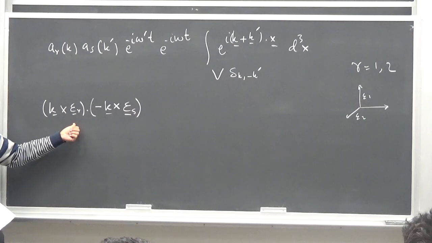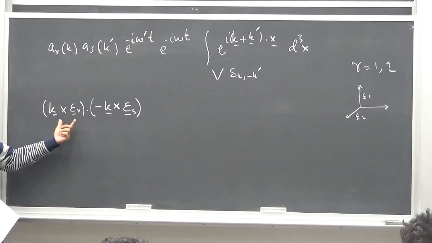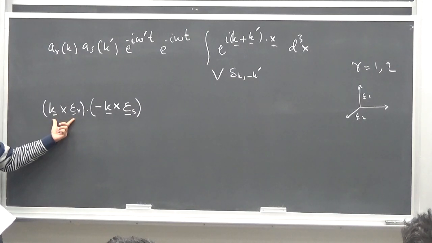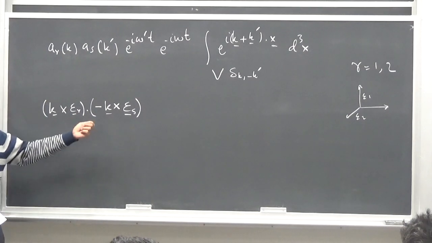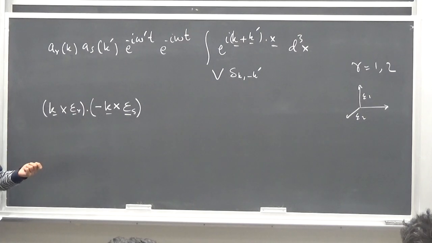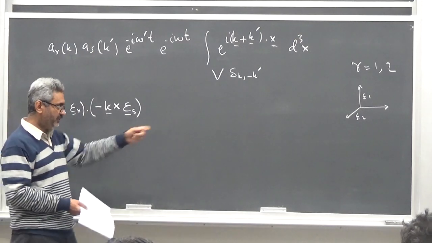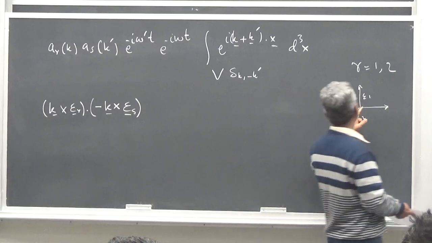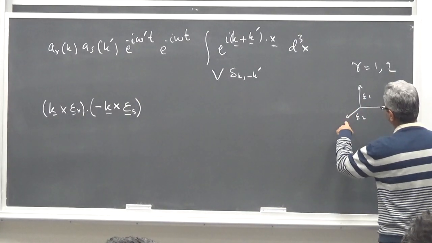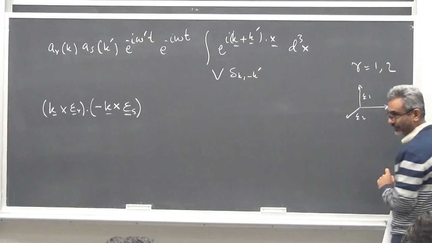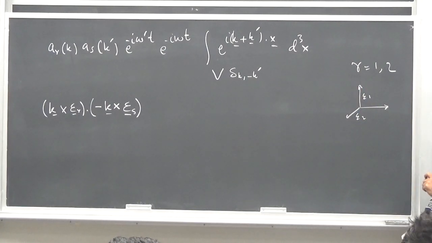You can do it the hard way, or just open this up in terms of epsilons, and then just contract and see that you will get a delta R or something. Or you could just look at this. If these two are different, K cross E is going to be parallel to this, and K cross this is going to be parallel to that, and the dot product is going to be 0.